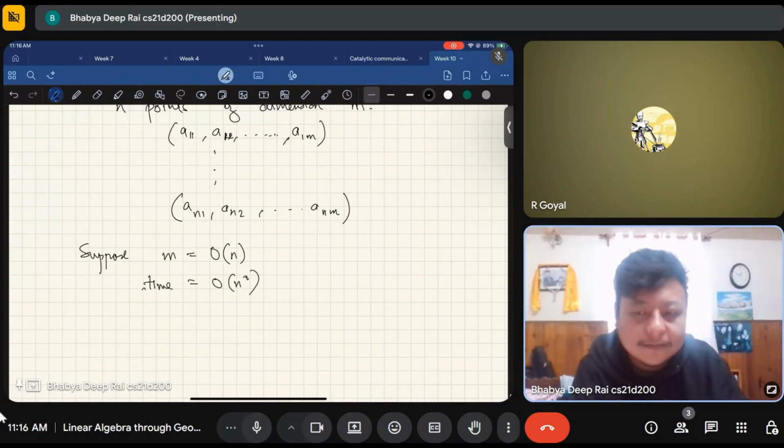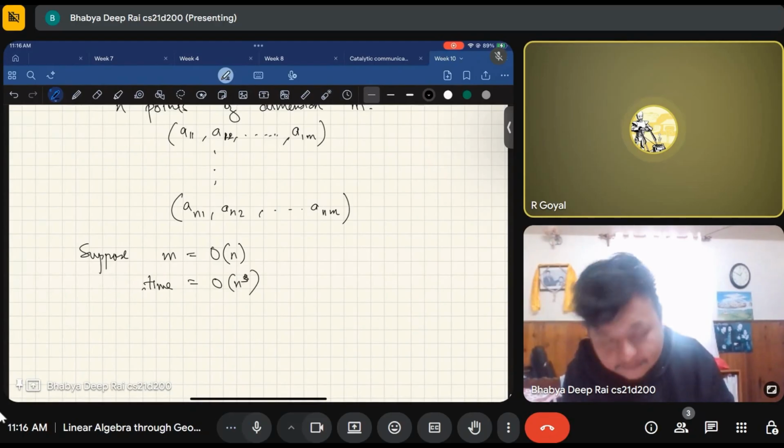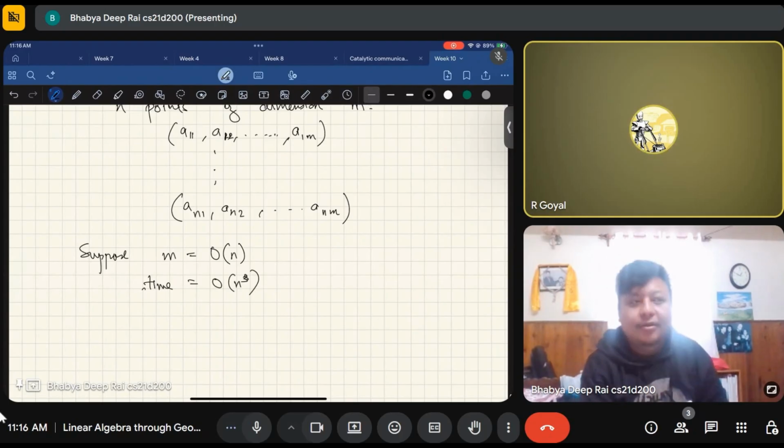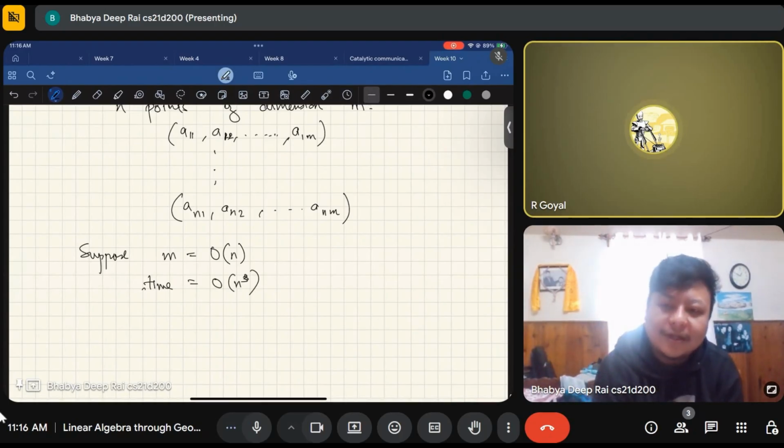I ask this question because, over the least squares method, in modern machine learning and deep learning, people prefer the gradient descent method, calculating gradients over solving things through linear algebra.